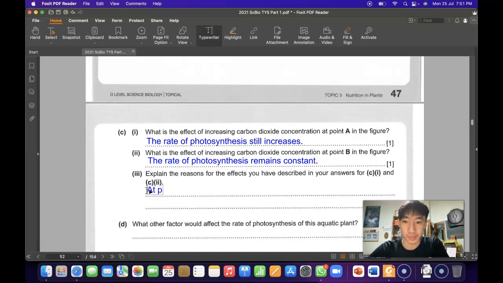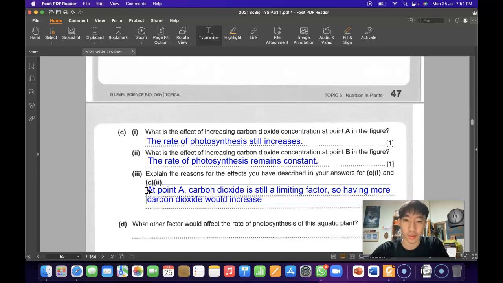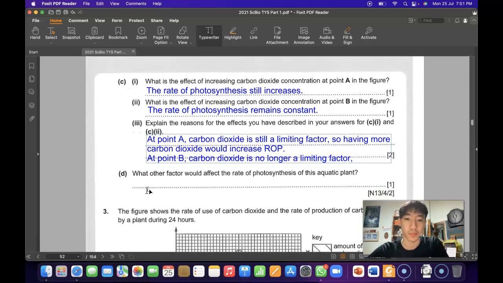At point A, carbon dioxide is still a limiting factor, so having more carbon dioxide increases the rate. Then at point B, carbon dioxide is no longer a limiting factor.